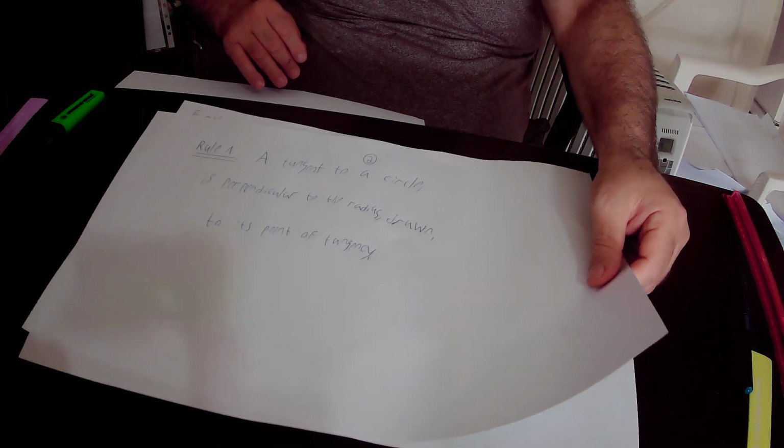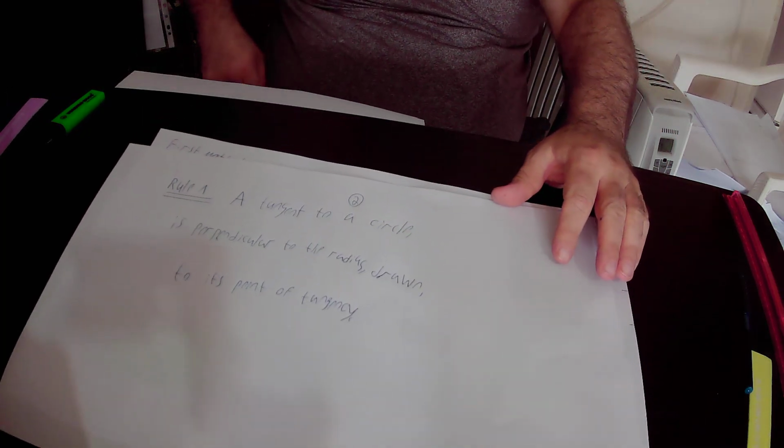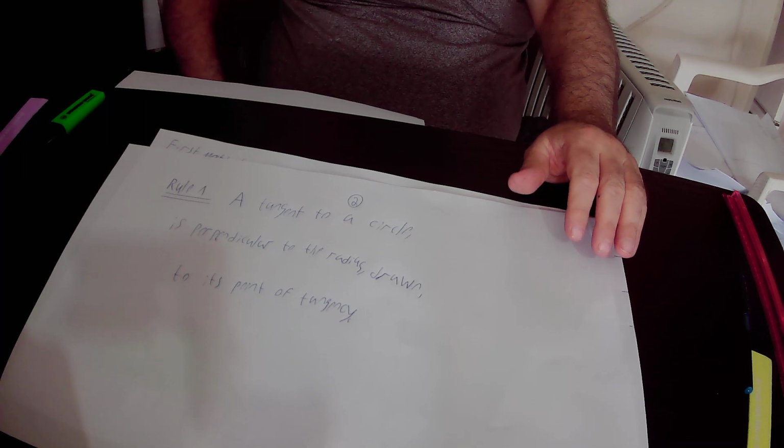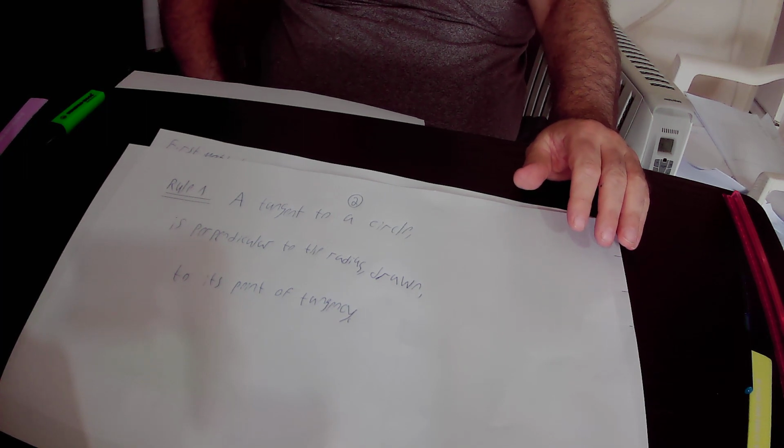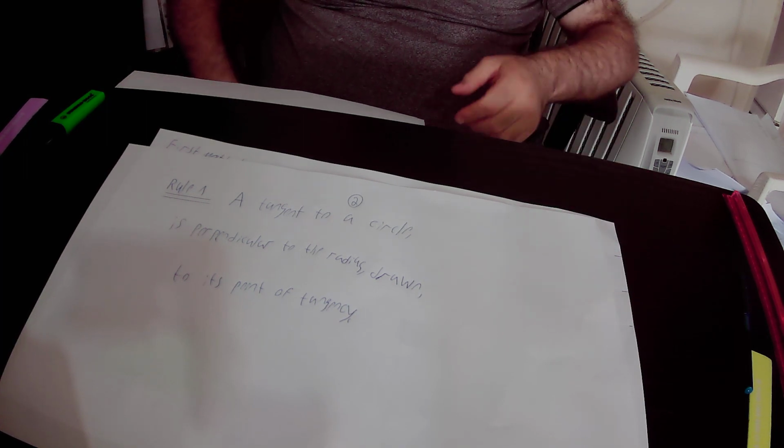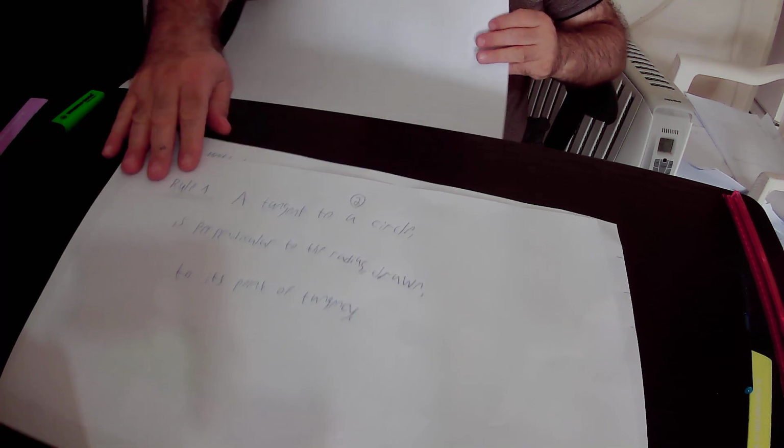I presented to you rule number 1. According to rule number 1, a tangent to a circle is perpendicular to the radius drawn to its point of tangency. So what is the meaning of rule number 1?